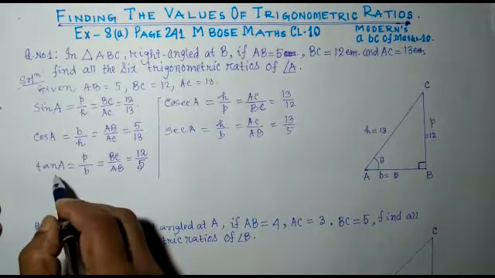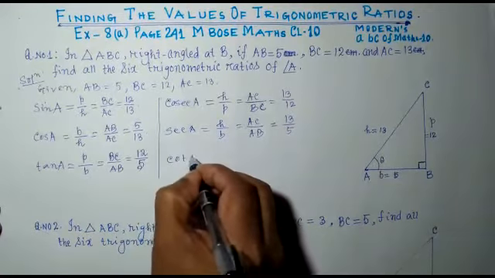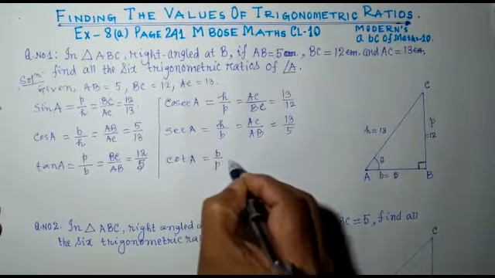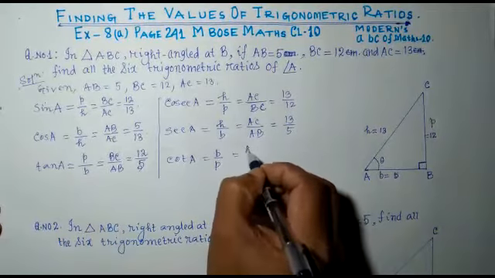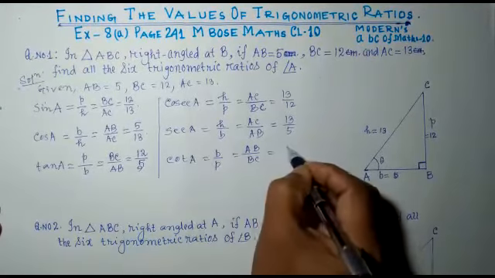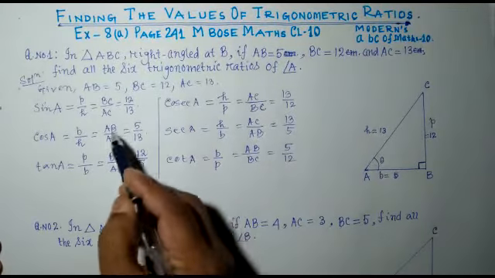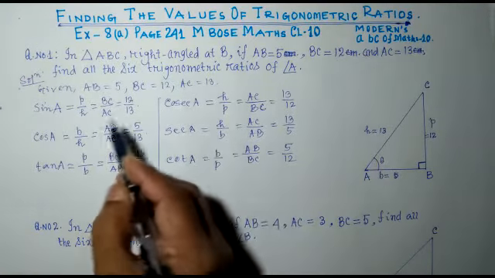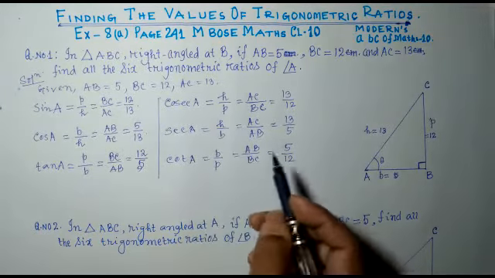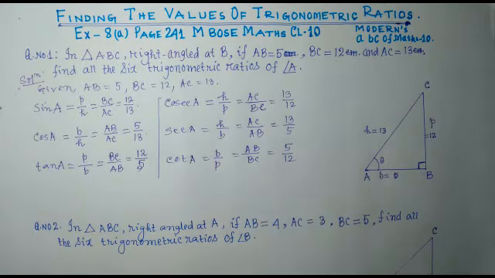And then reciprocal of tan A is cot A. Base is up, perpendicular is down, AB is up and BC is down, and these values 5 is up and 12 is down. So these are the 6 values of the trigonometric ratios. So this is our sum, question number 1, and similarly we can do for question number 2.